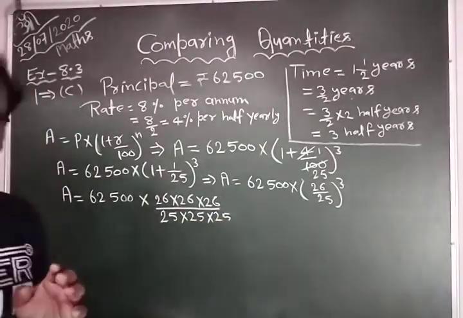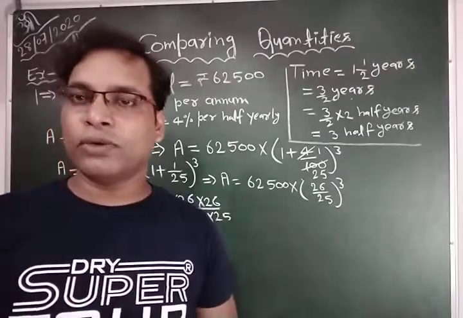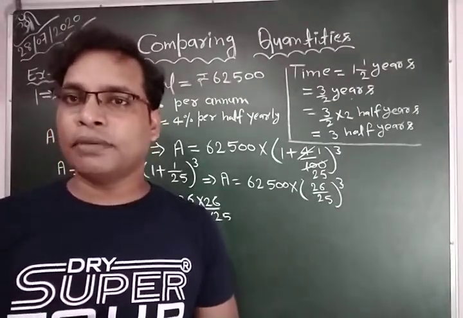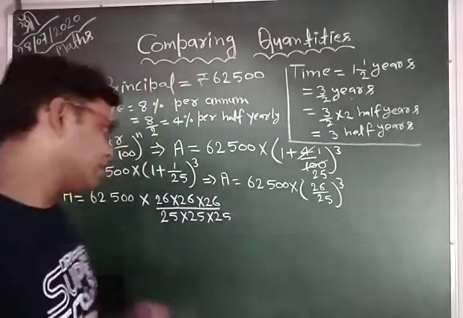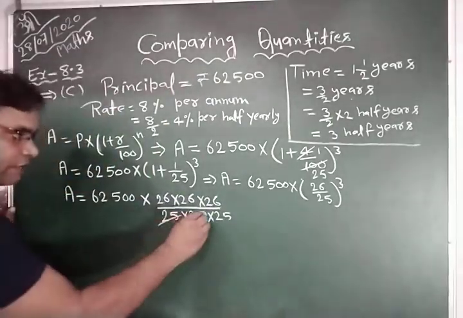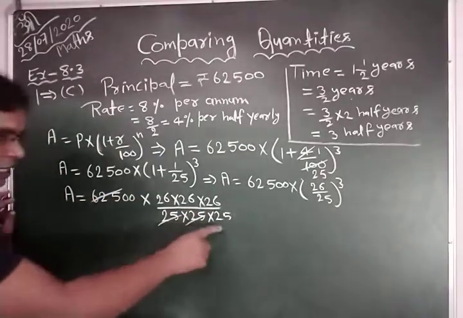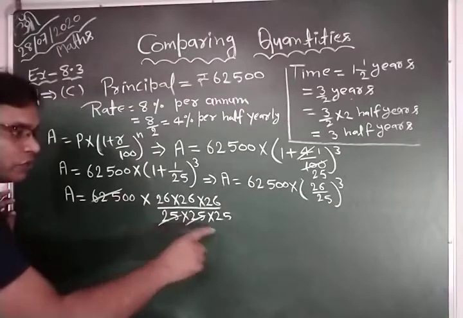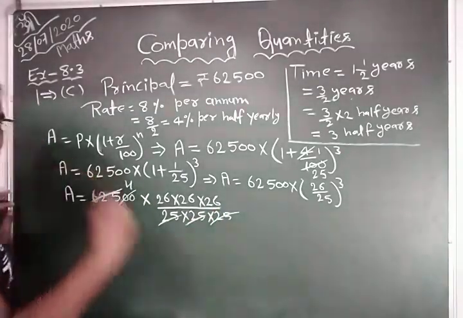We know 25 into 25 is equal to 625, so we can cancel this. In 62,500 divided by 625 we have 100.